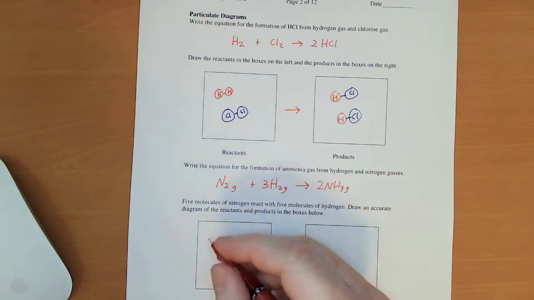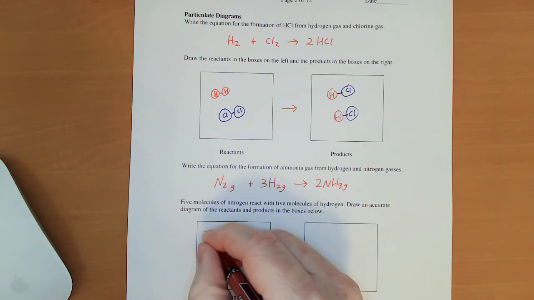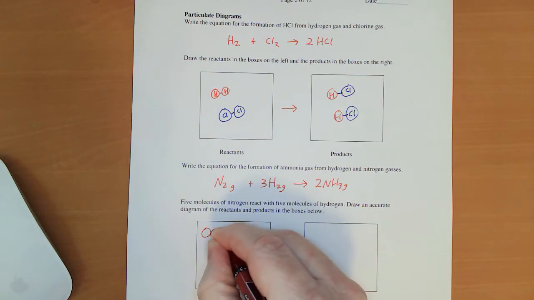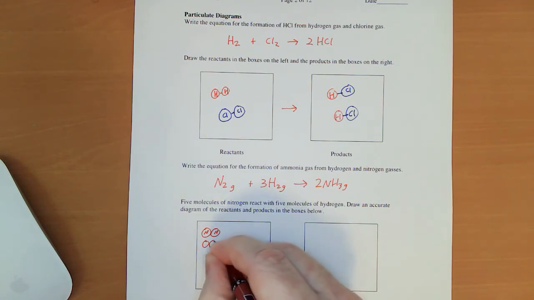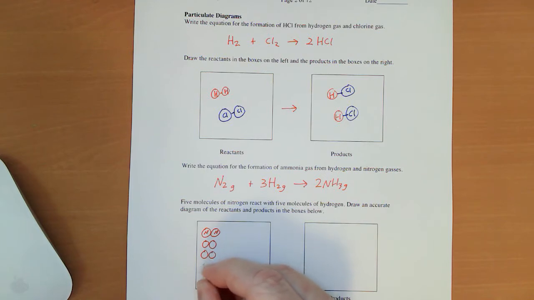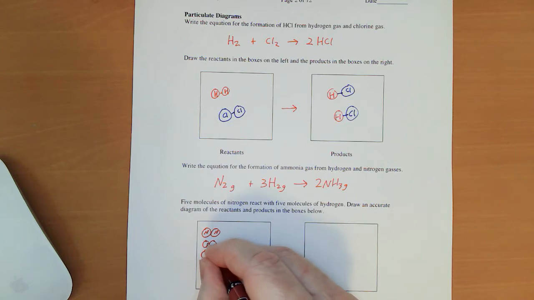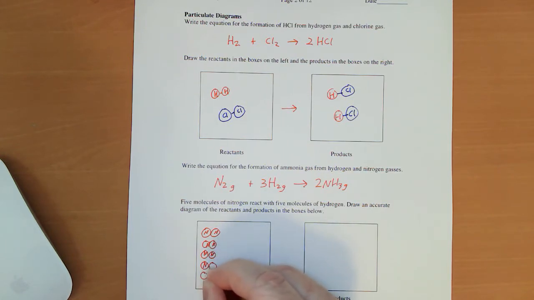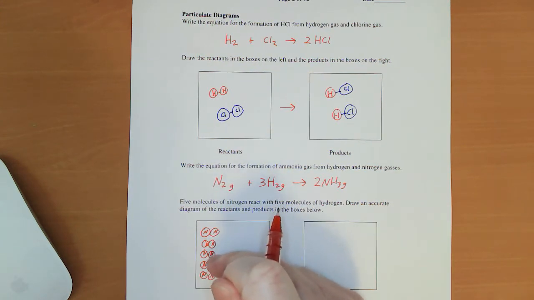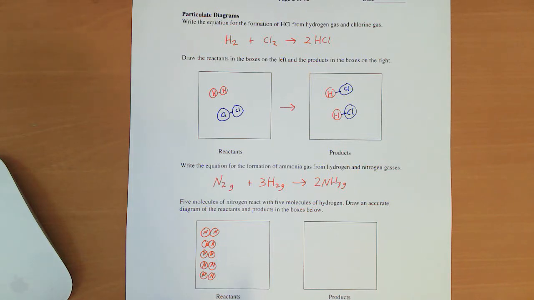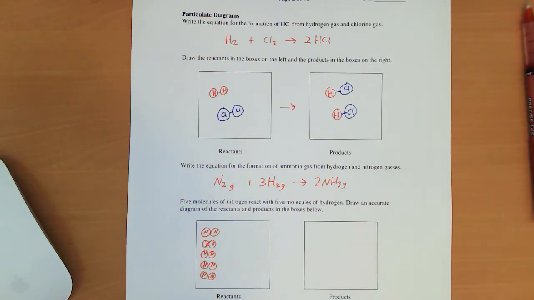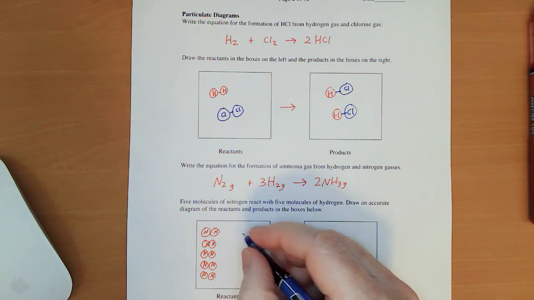Okay? So, I'll do my nitrogens. One, 2, 3, 4. I got 5 of them there. Okay? Now, some hydrogens. I'll do them in blue this time.